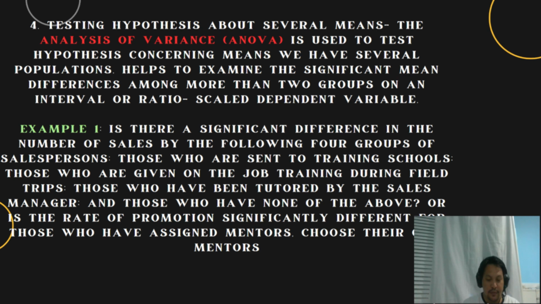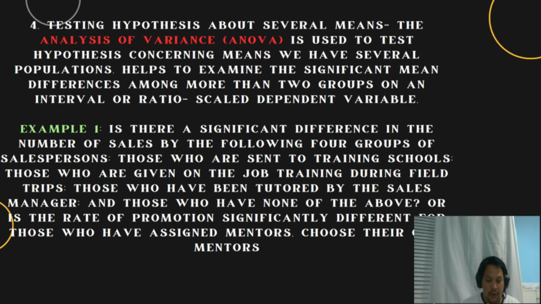Number 4, testing hypothesis about several means, or the analysis of variance. ANOVA is used to test hypotheses concerning means. We have several populations.